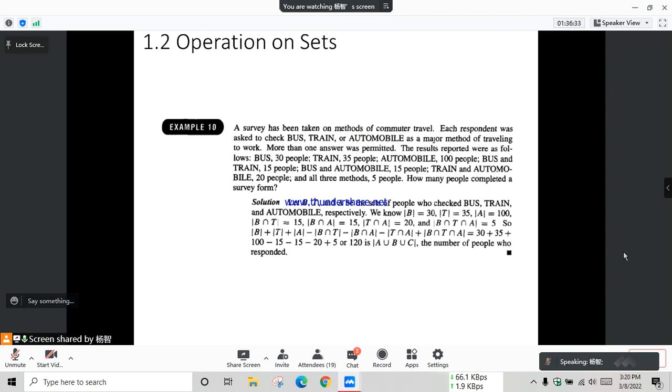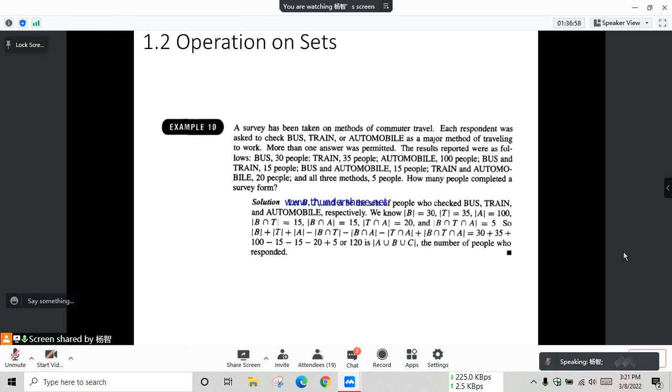Okay, a survey has been taken on the method of commuter travel. Each respondent was asked to check bus, train, and automobile as a major method of traveling to work. More than one answer was permitted.